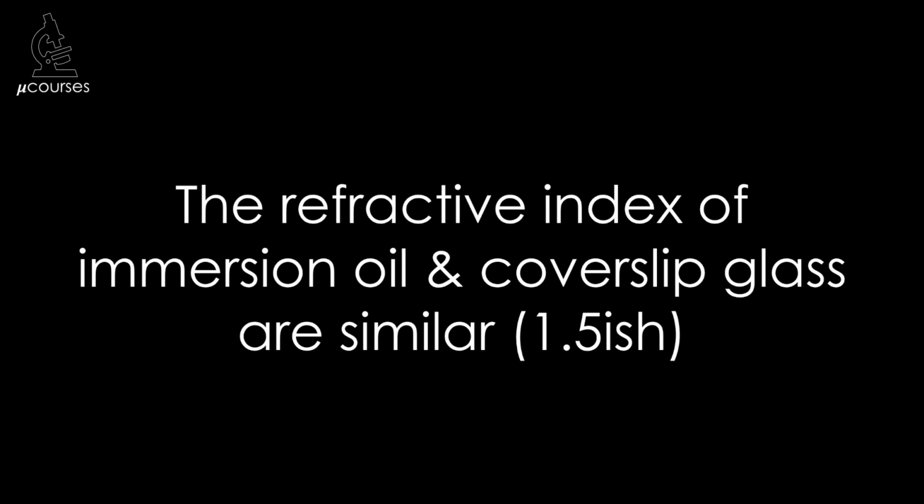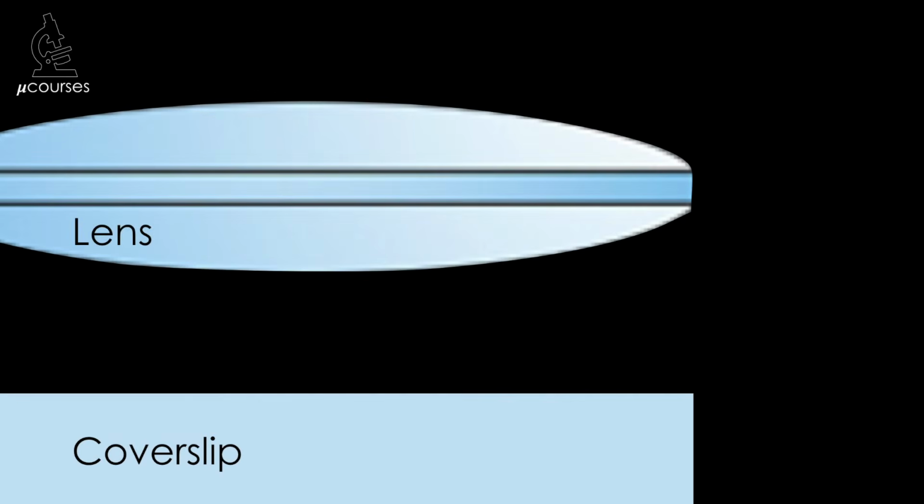The refractive index of immersion oil and cover slip glass are similar, both about 1.5. Let's think about how refractive index could limit the numerical aperture of an objective lens. Again, numerical aperture is the maximum angle of light coming from your sample that the lens can collect.